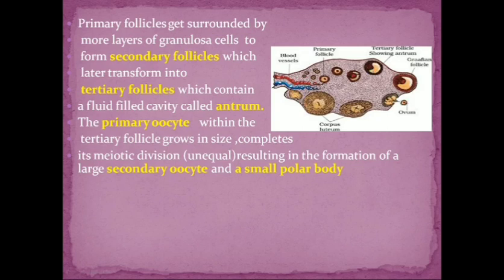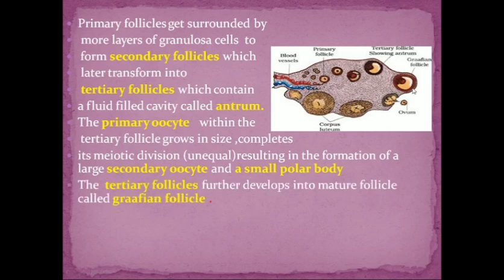This division is unequal, resulting in a large secondary oocyte and a small polar body. It's clear, right? So the primary oocyte completes its meiotic division where? Within the tertiary follicle. And the division is unequal, resulting in a large secondary oocyte and a small polar body.